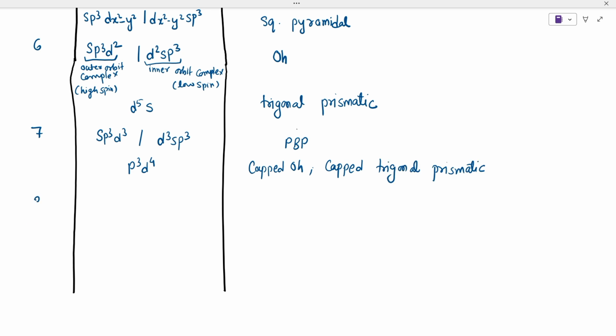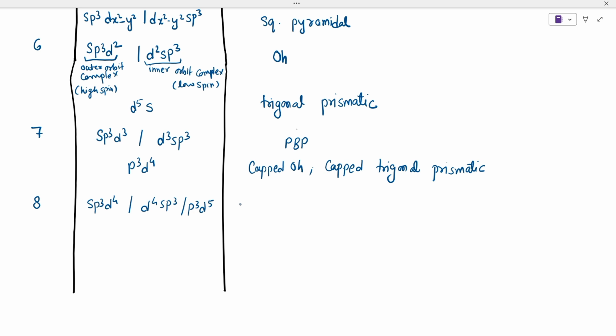The next and last is coordination number 8. For this we'll get sp3d4, d4sp3 or p3d5. These three hybridizations.